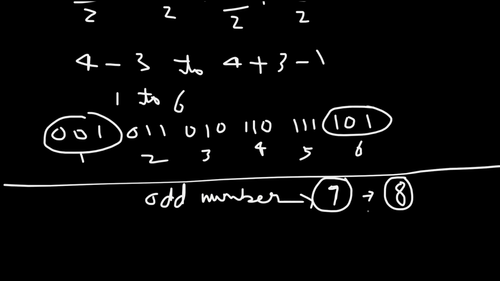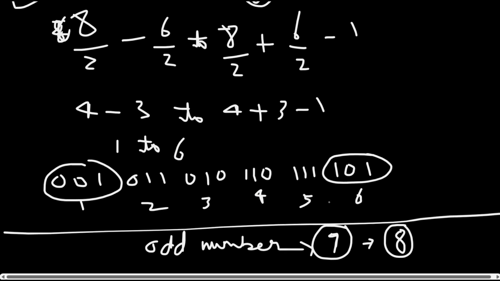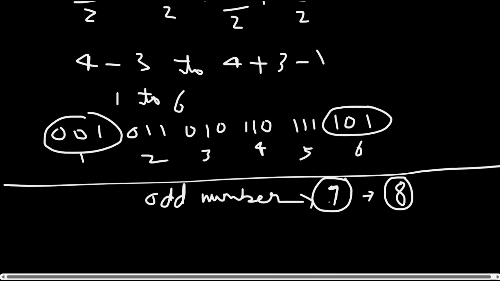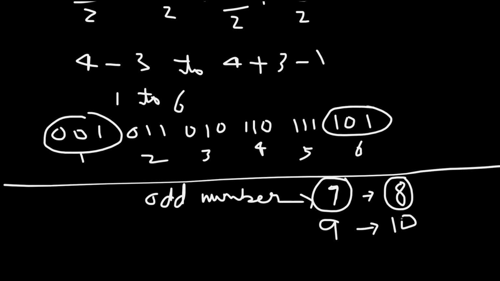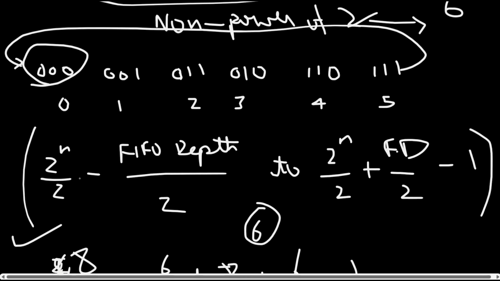Just one extra depth is going to be fine. So we will make use of depth 8 in case it is an odd number, and then use the same approach. Whatever we saw earlier, the same applies here. And in case it is 9, we'll go for 10 and then use the formula that you already saw.